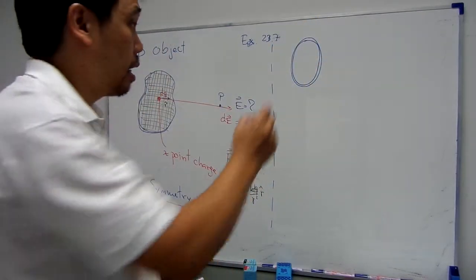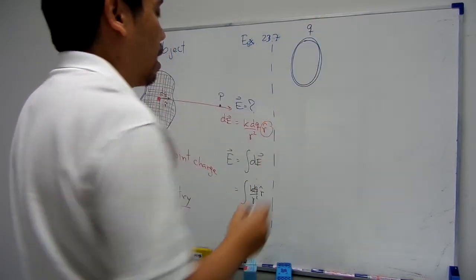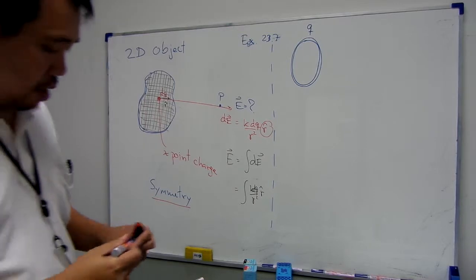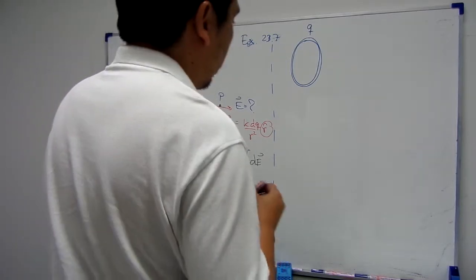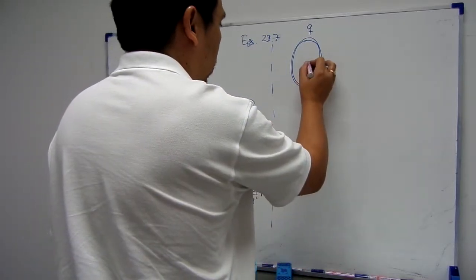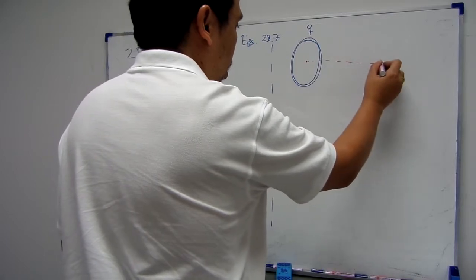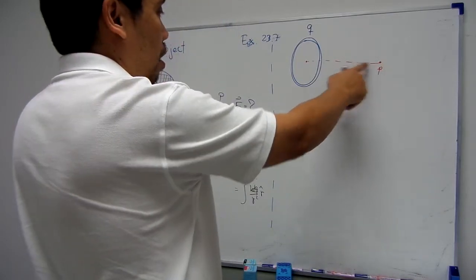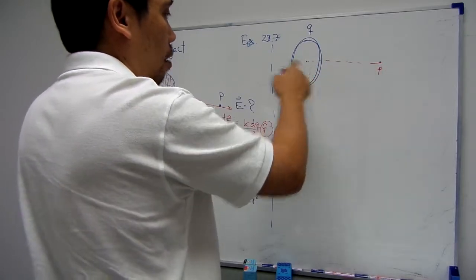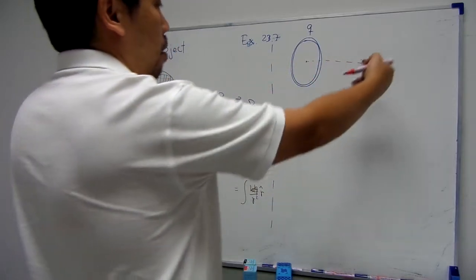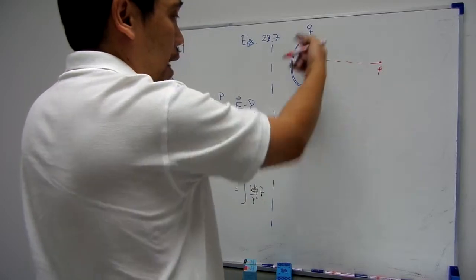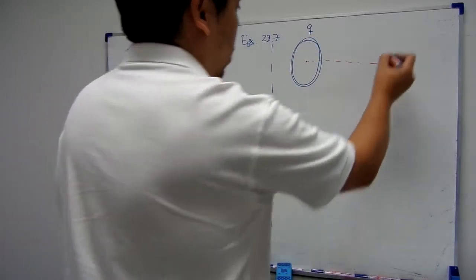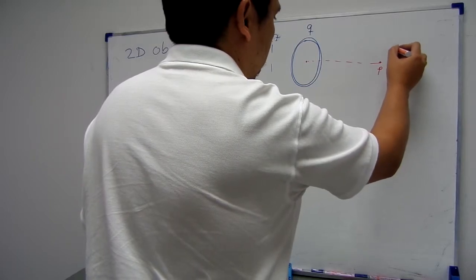The charge is Q, and it is distributed uniformly on this ring, and you want to calculate the electric field at point P, where point P is on the axis of the ring, perpendicular to the plane of the ring. The question is, what is E?